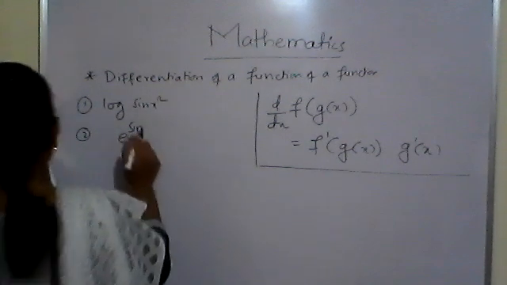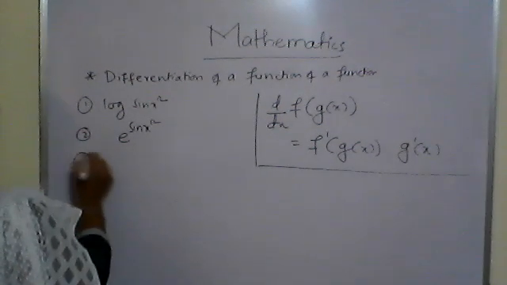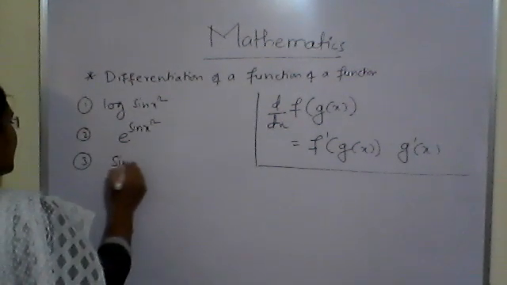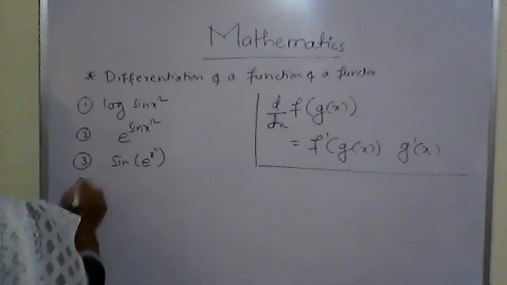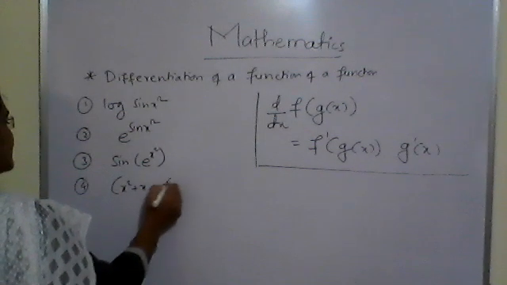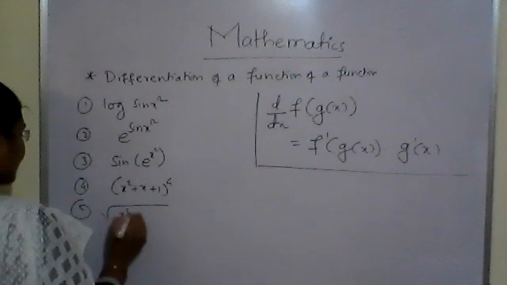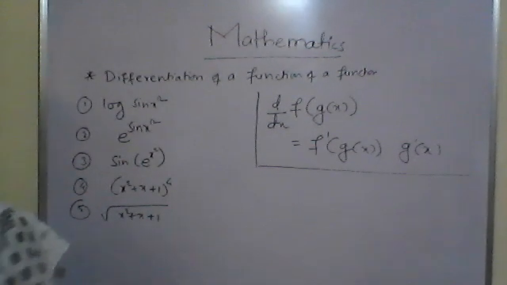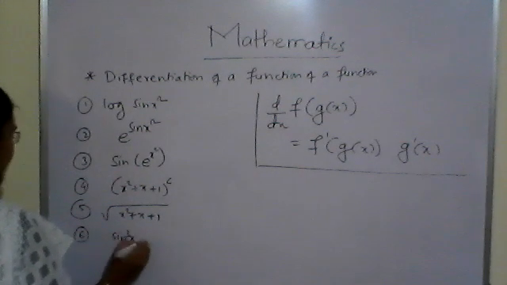So e raised to sine of x square. Third one, sine of e raised to x square. Fourth, x square plus x plus 1 raised to 4. Fifth one, root of x square plus x plus 1. Sixth one, sine cube x.